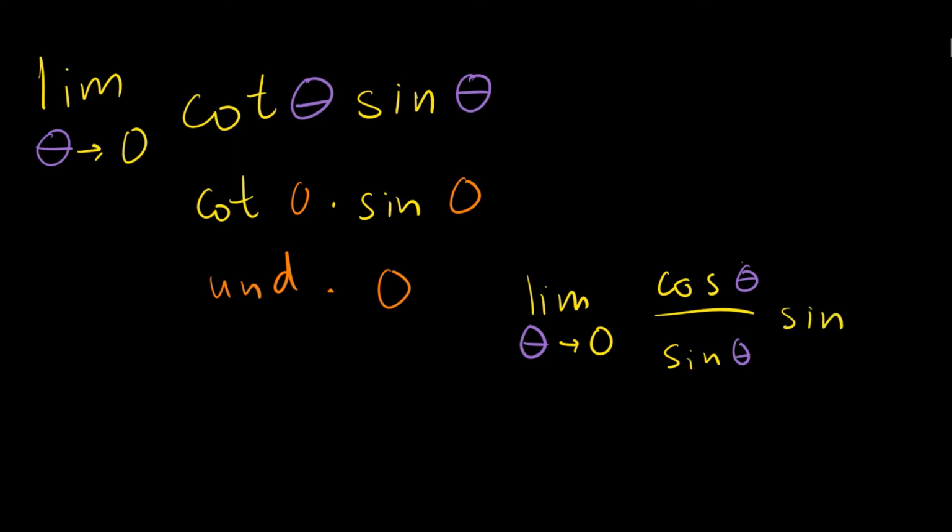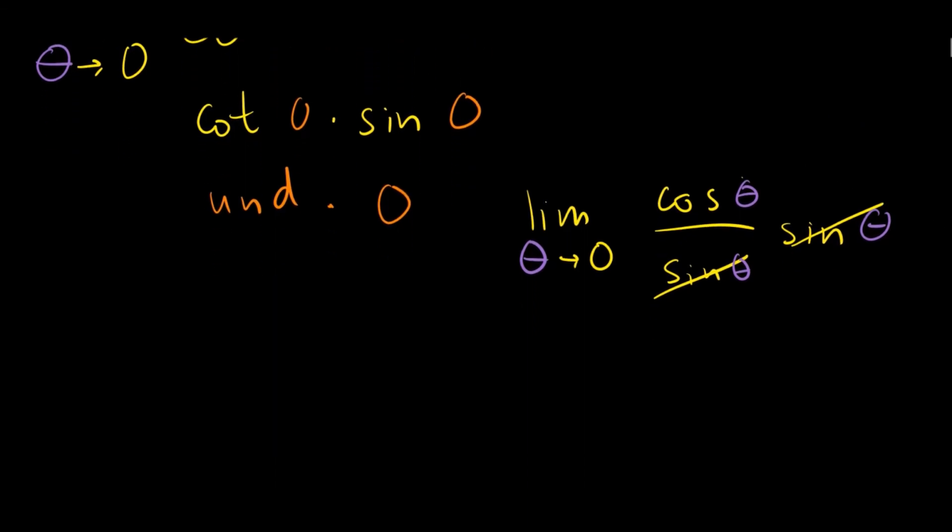Now we can easily see that the sine in the denominator and the sine in the numerator cancel, and we're just left with the limit as theta approaches 0 of a very simple cosine of theta.